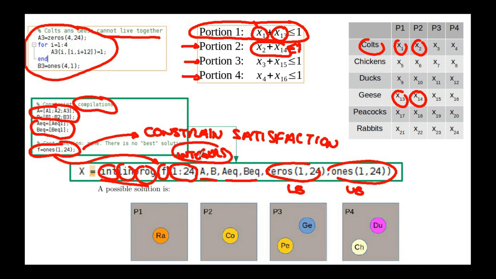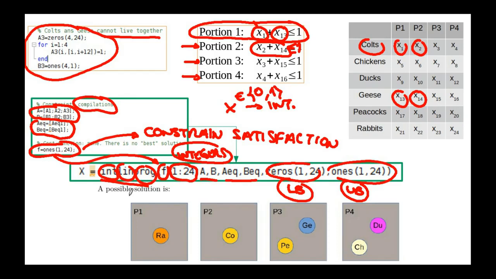Thanks to this 1:24, I know that all the x are integers, okay? But integers is not the same as binary. So when I put the lower bounds equal to 0 and the upper bounds equal to 1, it means that x will be 0 or 1, false or true, binaries.